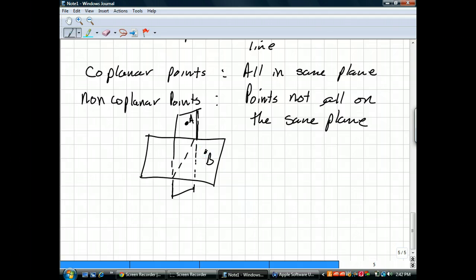But if I have a point C here, A and C are coplanar because they belong on that vertical plane. B and E are coplanar because they both are in the horizontal plane. And if I have a point X right here, X belongs to both of the planes. So X is coplanar with E and B, and it's also coplanar with A and C.